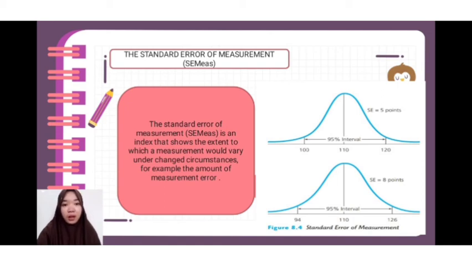For example, the standard error will be smaller if it includes only error due to different content, internal consistency, or equivalence from reliability. Then it is larger if it also includes error due to the passage of time, retest reliability.